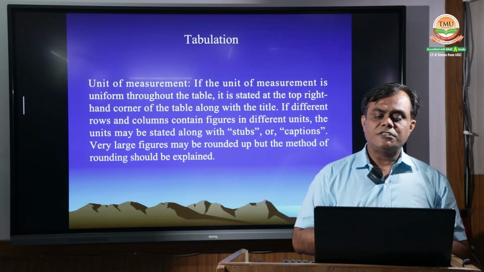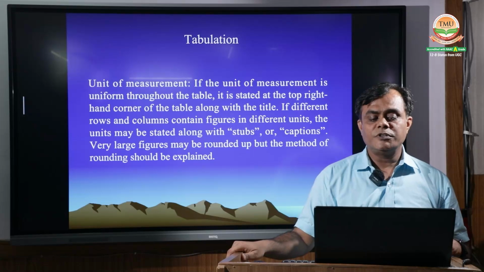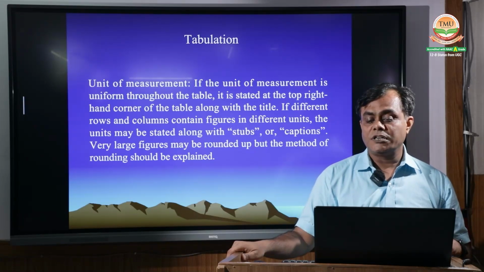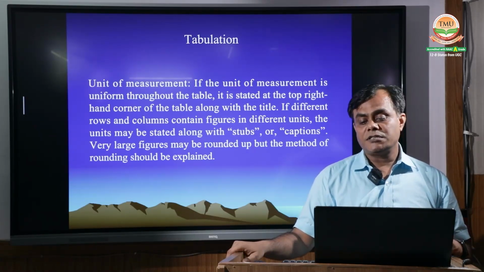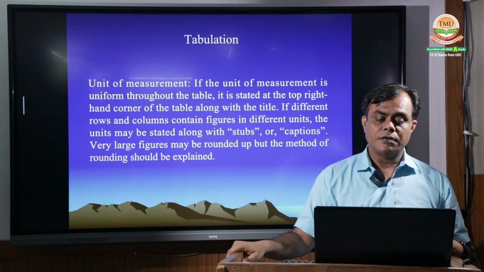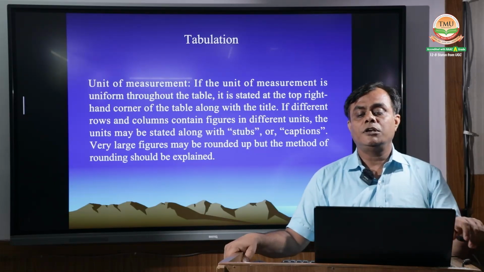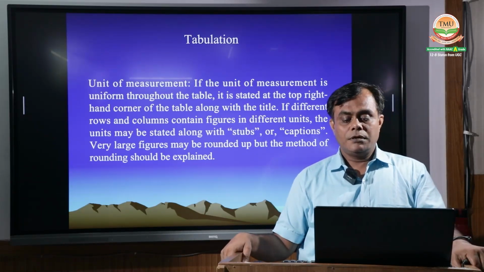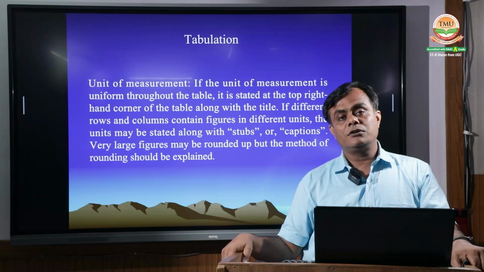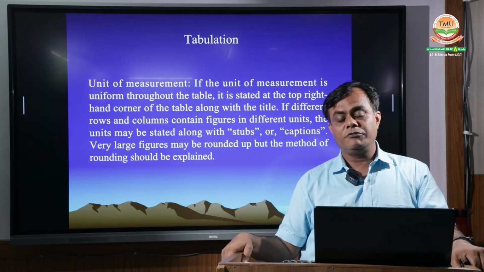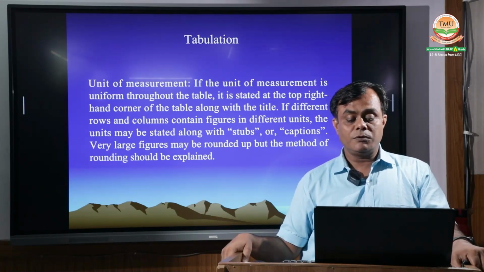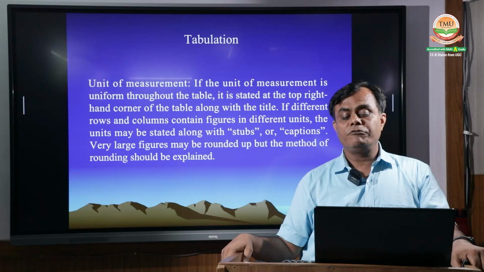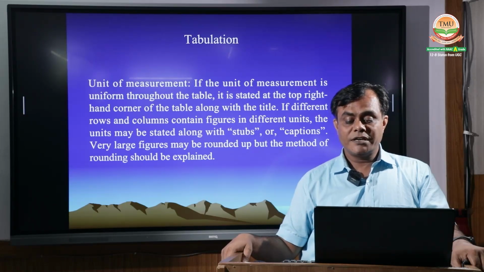The unit of measurement is the unit information given through the table. It is stated at the top right hand corner of the table along with the title. If different rows and columns contain figures in different units, the unit may be stated along with the stub or the caption.